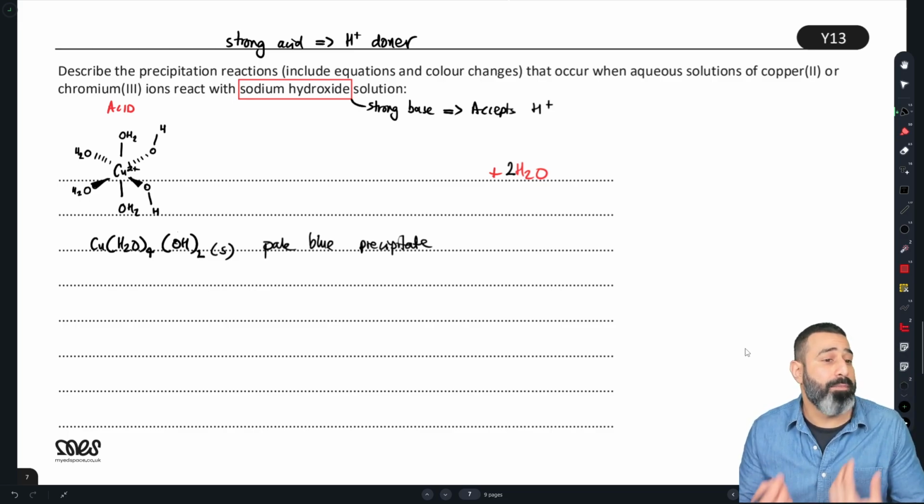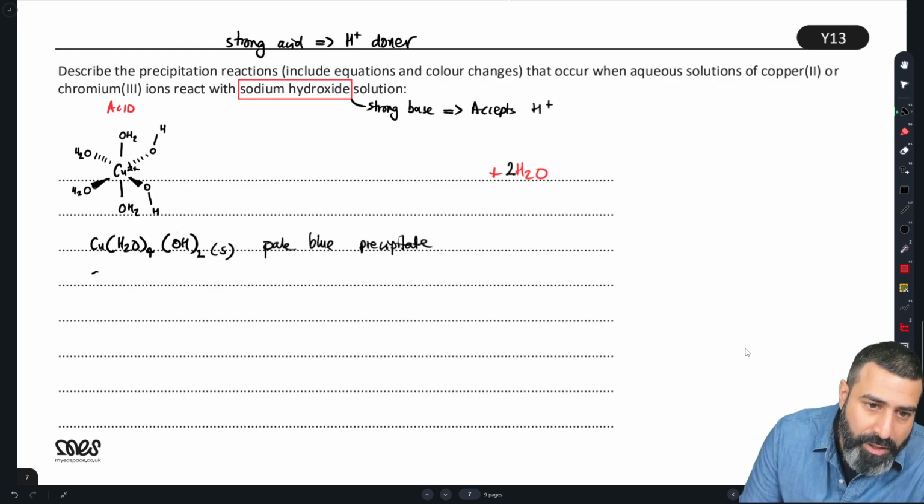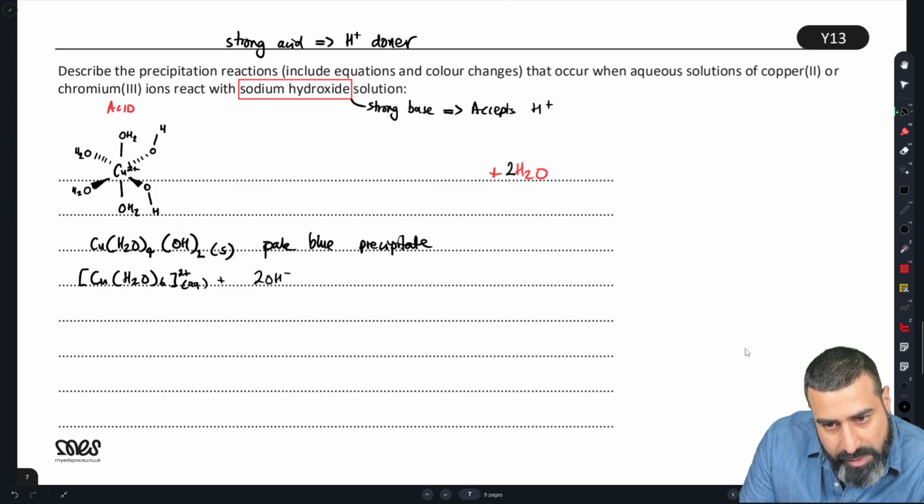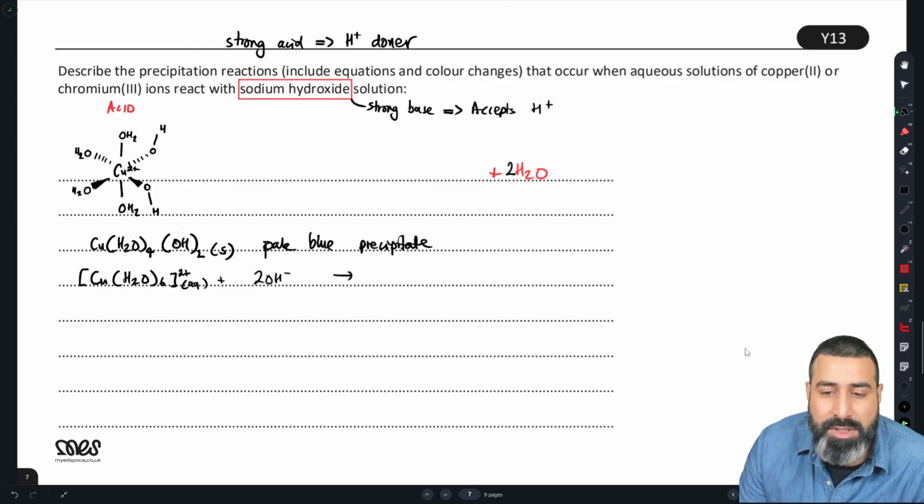So if we're going to write a chemical equation for this, if we show it the proper way, we've got [Cu(H2O)6]2+ aqueous, and I had 2 hydroxide ions. What we get is 2 deprotonations.